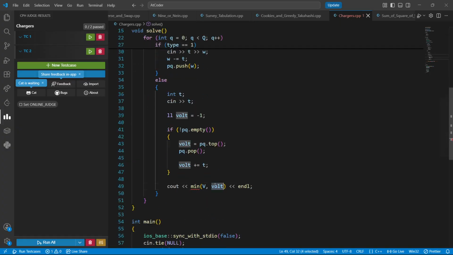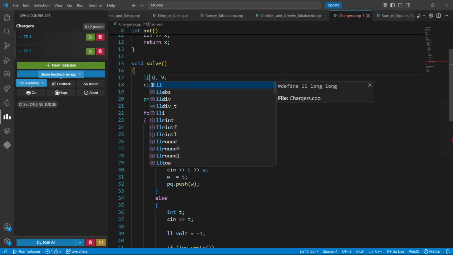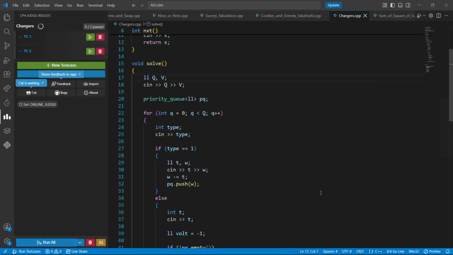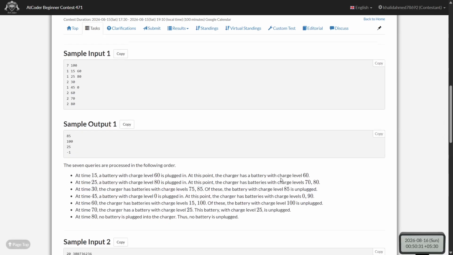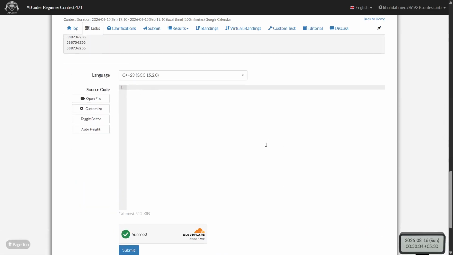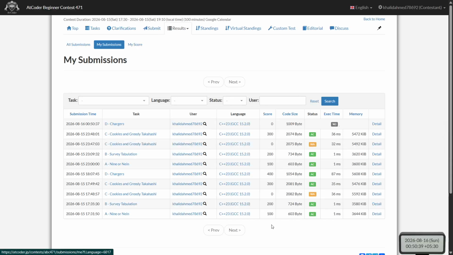So here, since volt is long and V is integer, so let's take this also as long. So it is passing. Let's try to submit this now. So yeah, it got accepted.